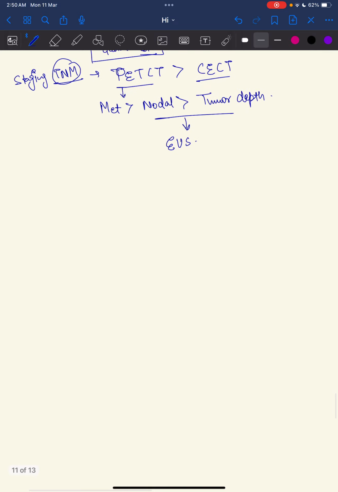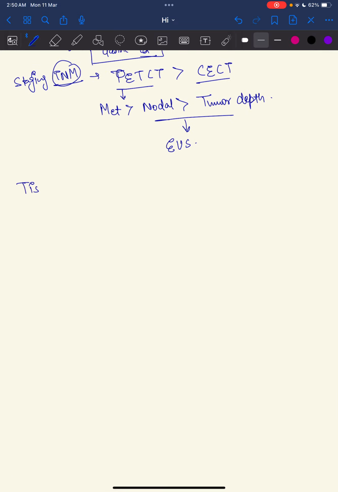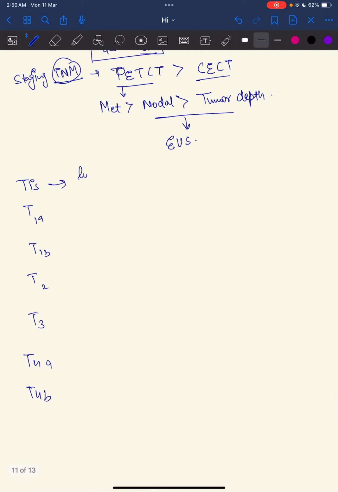Now the gastric cancer classification. I was telling about Tis, T1a, T1b, T2, T3, and T4a and T4b. In Tis we have high grade dysplasia. In T1a it is the muscularis mucosa, and T1b is the submucosa, and T2 is the muscularis propria.